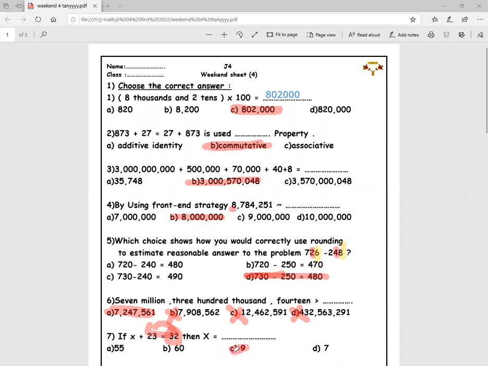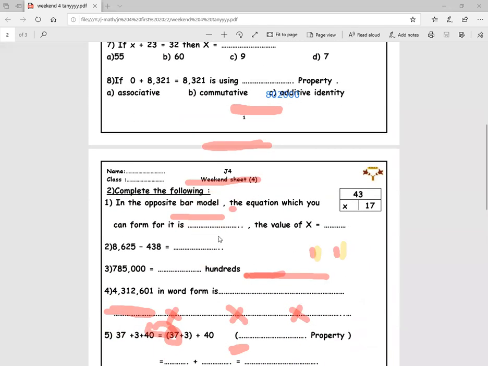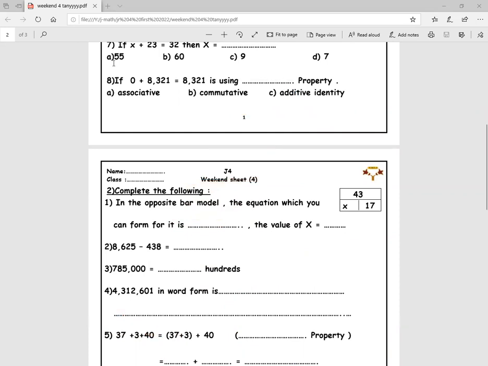Yes, the answer is 9. Let's continue. If 0 plus 8,321 equals 8,321, it is using what? Here I said when I use the 0, it's the additive identity.